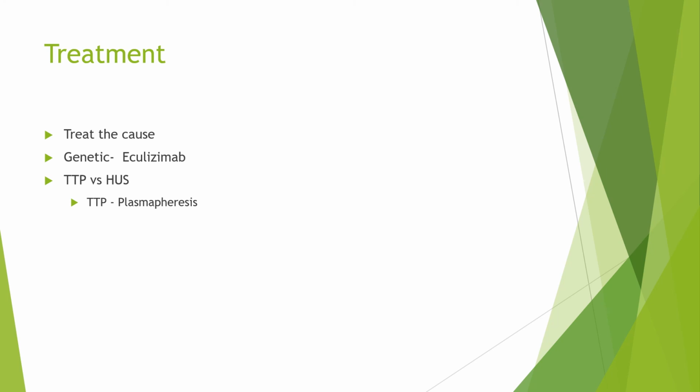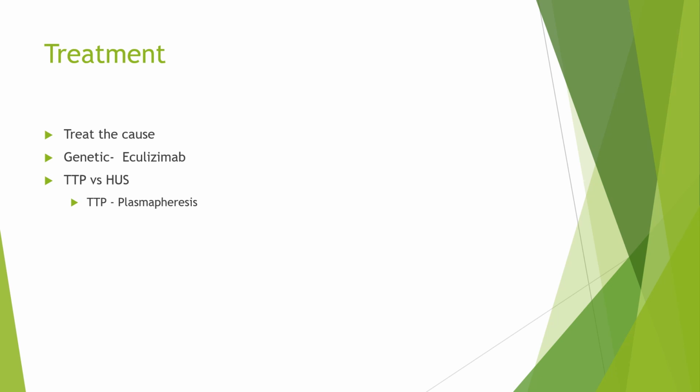Treatment of HUS/TTP is a talk on its own. But on the most basic level, what we want to do, we have to treat the cause. For example, if it is E. coli Shiga toxin, then we treat the infection. If it is high blood pressure, malignant hypertension, we treat the high blood pressure and use medical therapy to bring the blood pressure down.